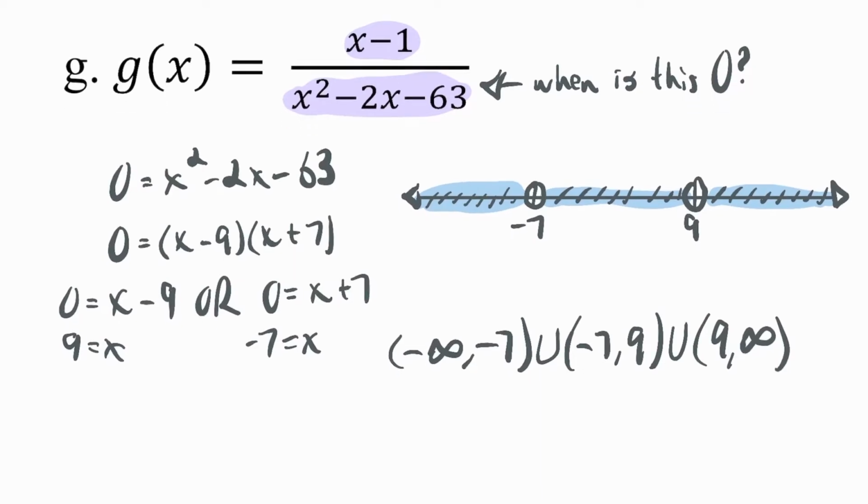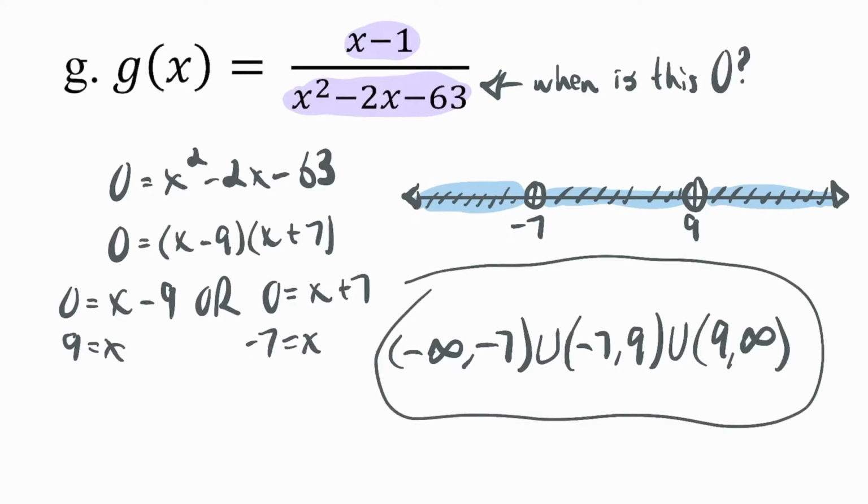You might wonder, well, what if the bottom had a higher degree, like it was x cubed or x to the 4th or x to the 5th or whatever? I'd have more chunks, right? Yeah, you'd have more numbers excluded potentially. So you'd have more chunks in your domain, more intervals that are unioned together. And there is other notation.